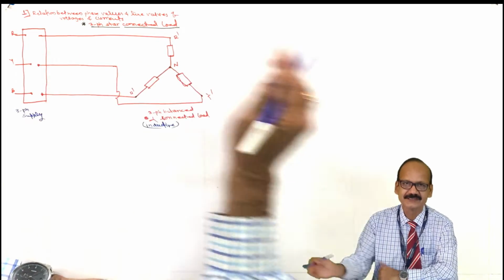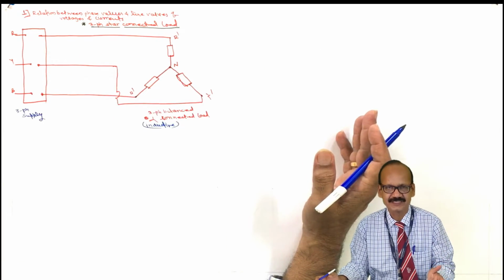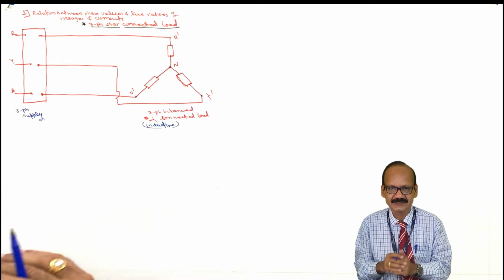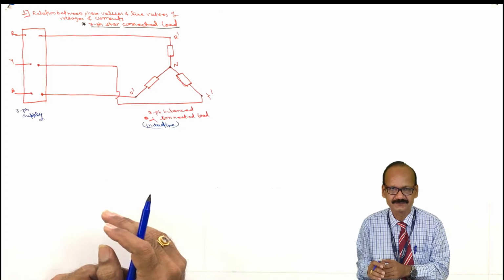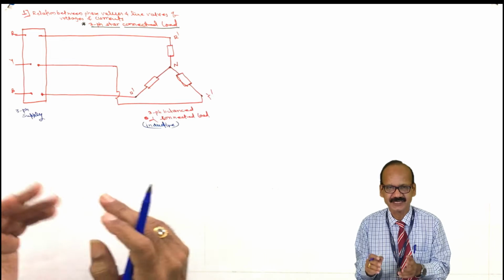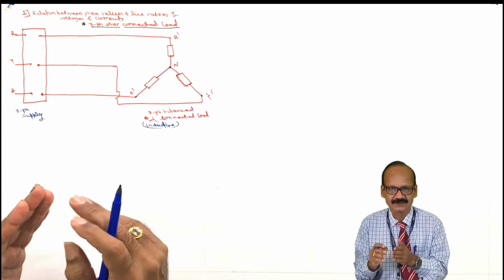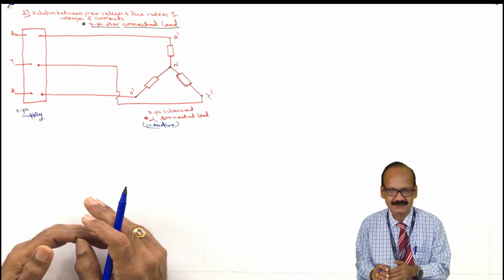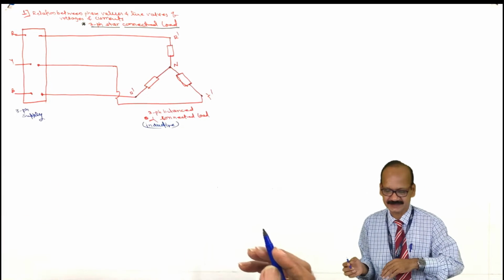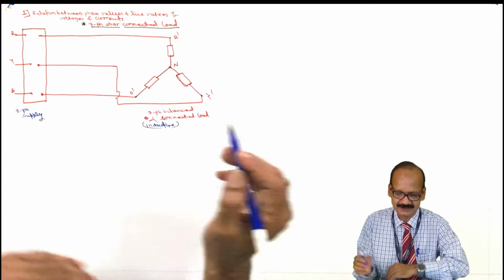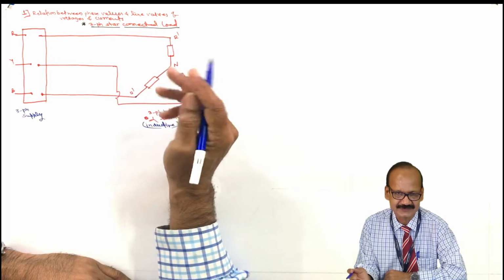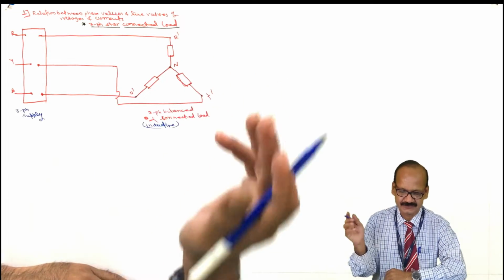The current flowing through the lines is known as line current, and voltage between two lines is known as line voltage. And current flowing through the respective phase of a load is known as phase current. Also, in case of star connection, the voltage between any line and neutral is also known as phase voltage. So, for the balanced supply system, we will show the various line currents and line voltages, as well as the phase currents and phase voltages.